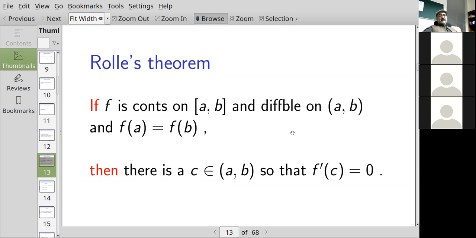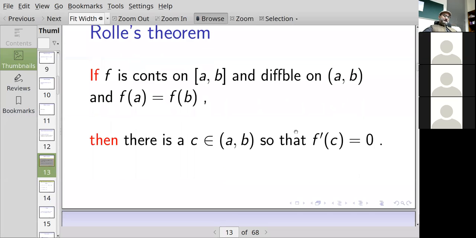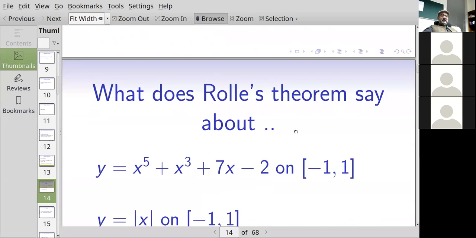Right. If you take your closed interval from -3 to +3, then that would also be true. And the point at which the derivative is 0 would be 0. Yep.